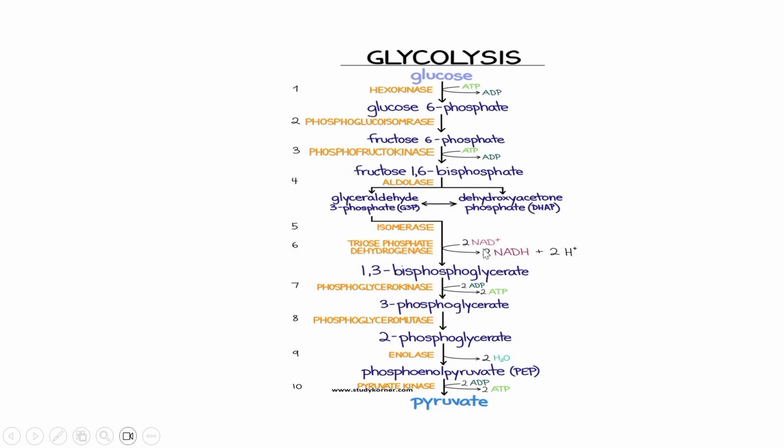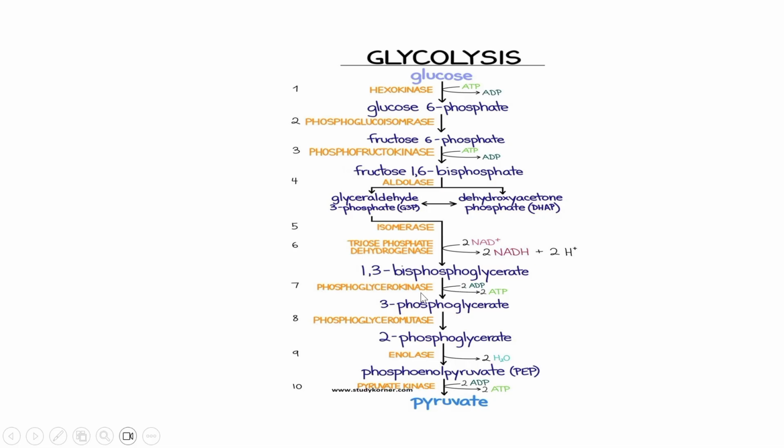So we invest 2 molecules of NAD plus. NAD plus is in the oxidized state, so it will be reduced to what? NADH. NAD plus is reduced to NADH, forming hydrogen ions. Okay, and also step 7.